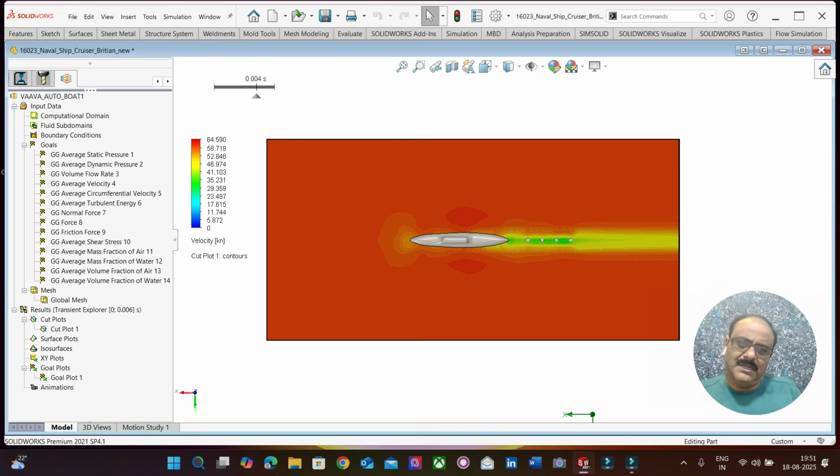A 32 GB RAM machine with 24 or 32 cores will make it much faster, because that's an exponential kind of trigger that you get in the computation. So here, let me play it, to show how the flow is going to happen.